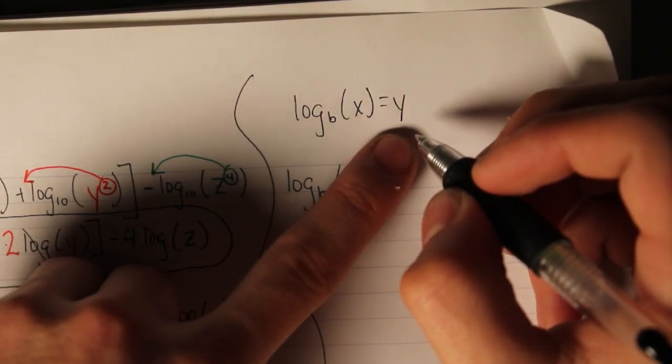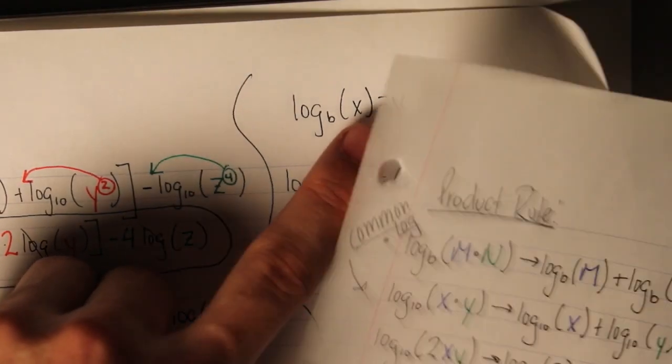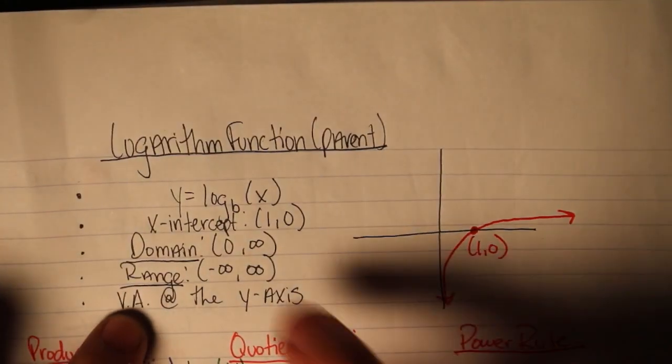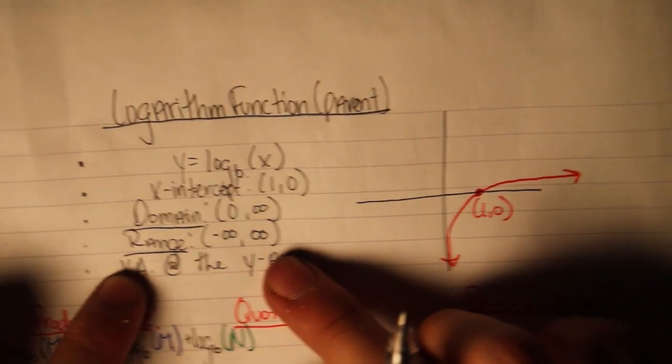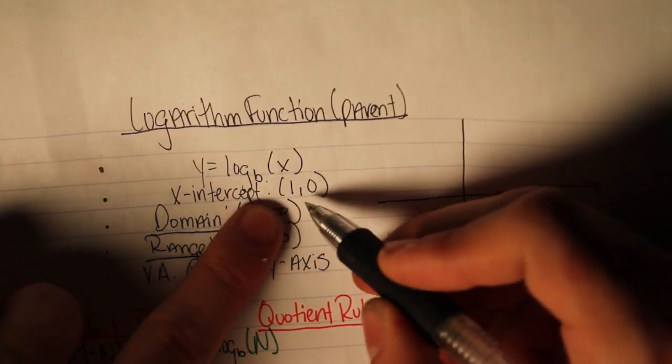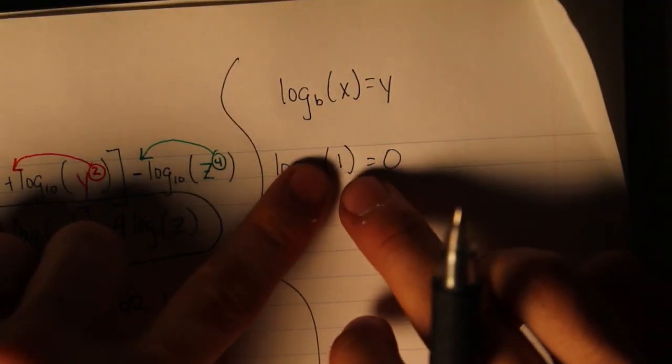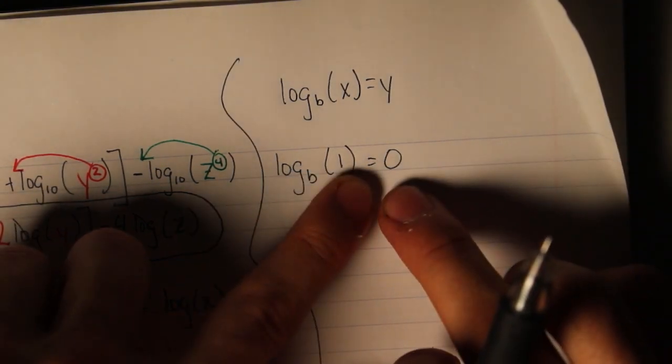And according to our table right here, we know there's an x-intercept when x equals 1, y equals 0. When x equals 1, y equals 0.